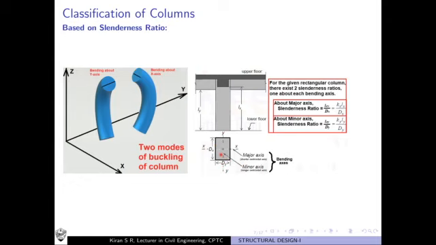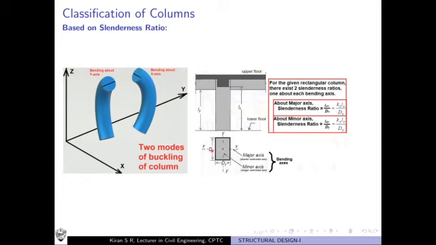And the lateral dimension perpendicular to the x-axis we call dx, and the lateral dimension perpendicular to the minor axis we call dy. So the lateral dimensions dx and dy are again defined along the major axis and minor axis respectively.